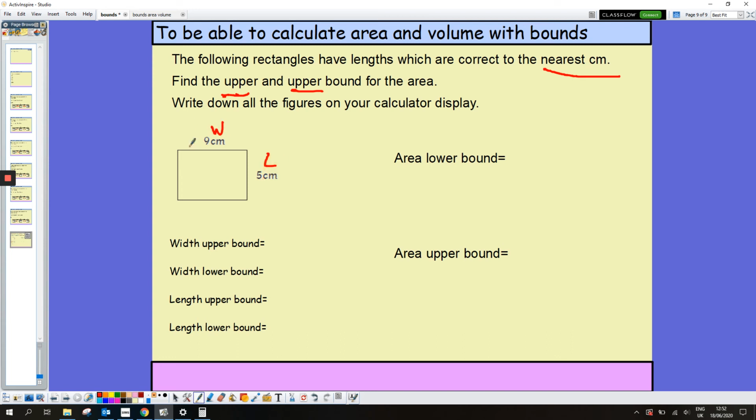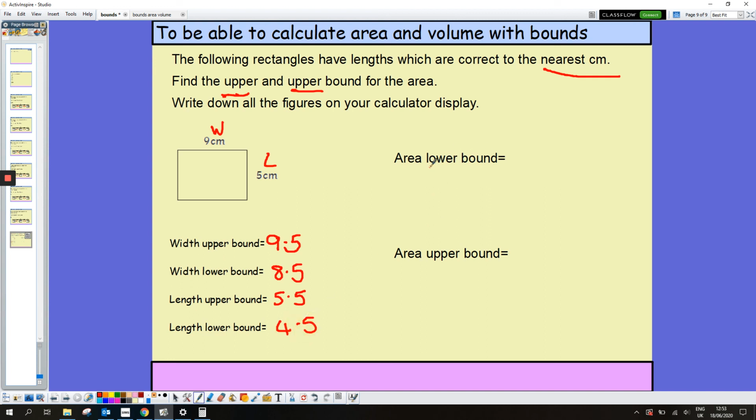So the upper bound for the width would be 9.5. The lower bound would be 8.5. Both of those to the nearest whole number would be rounded to 9. This obviously would have to be 9.499999, but 9.5 for ease of working out. The length then, the upper bound would be 5.5 and the lower bound 4.5.